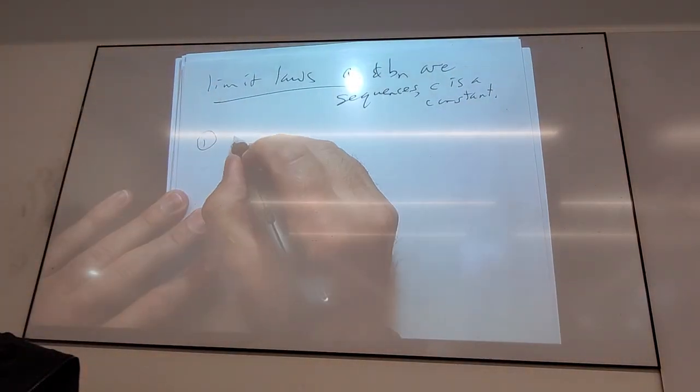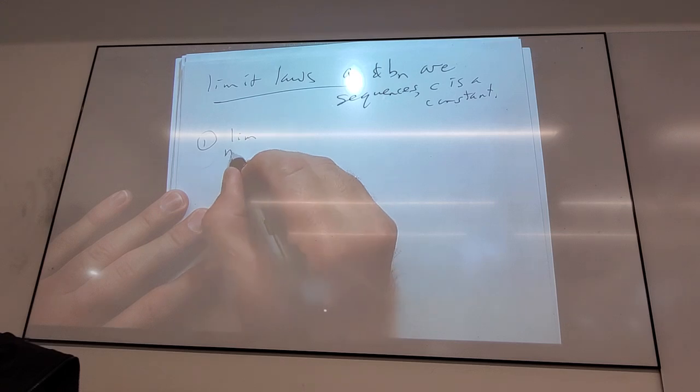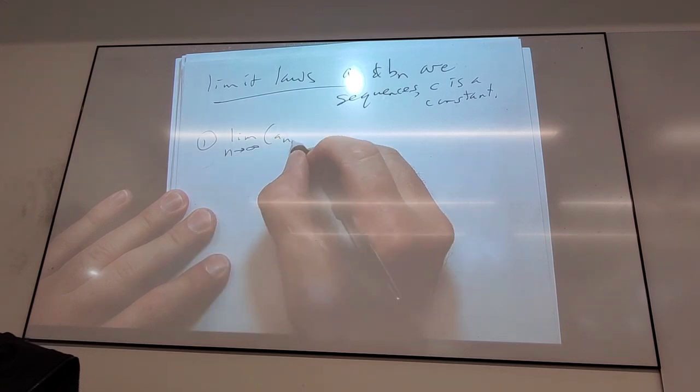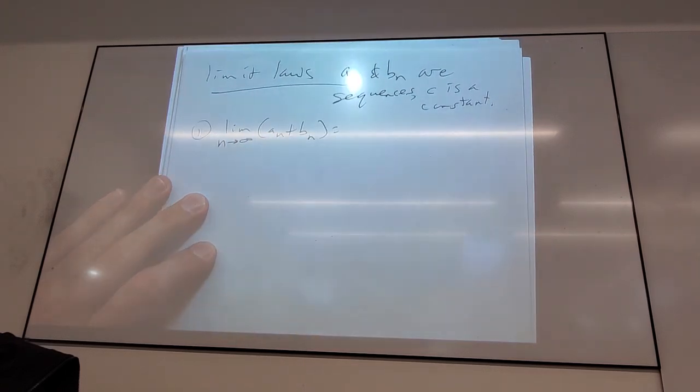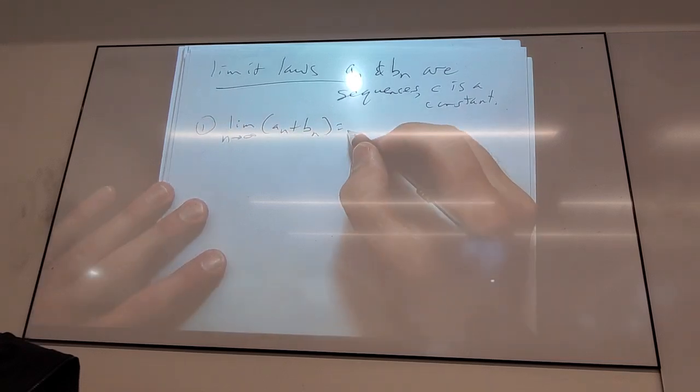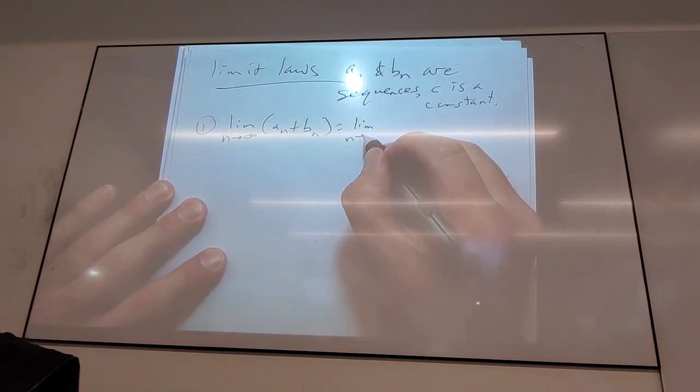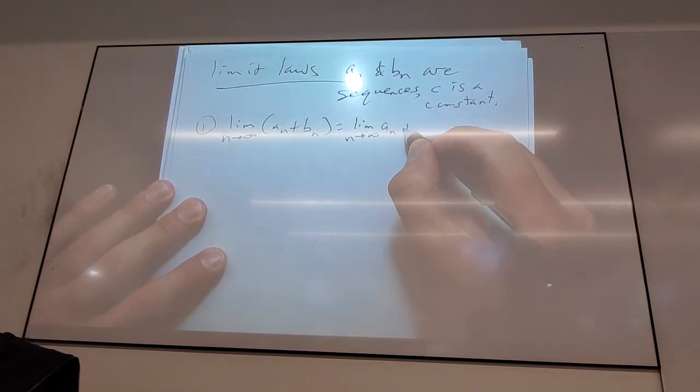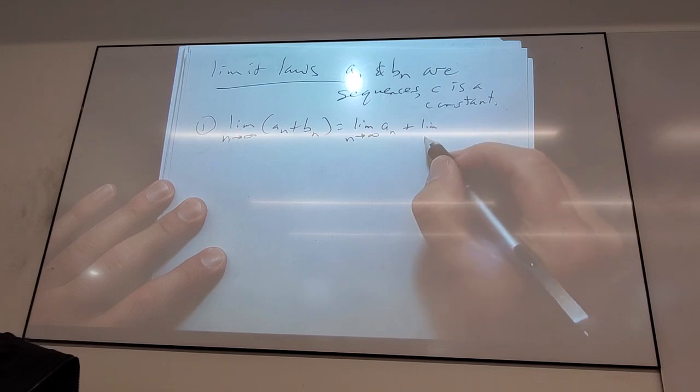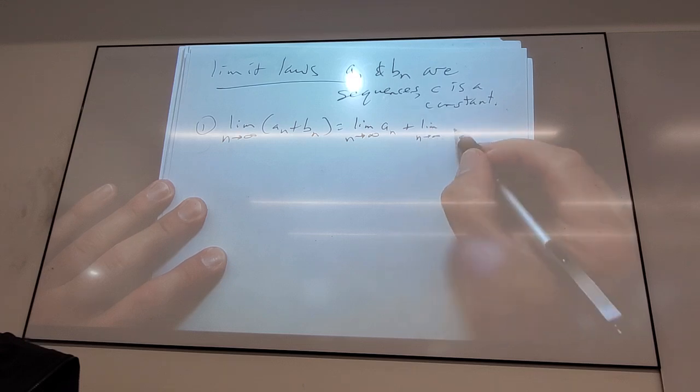What's your gut tell you about this? That it's the limit of a_n plus the limit of b_n. Of course this is borrowing the limit laws from normal limits of functions from Calc 1.